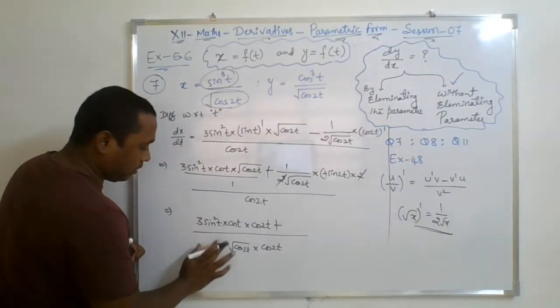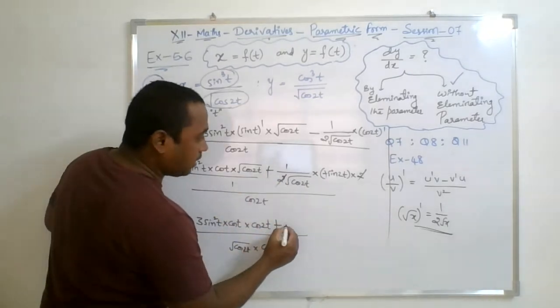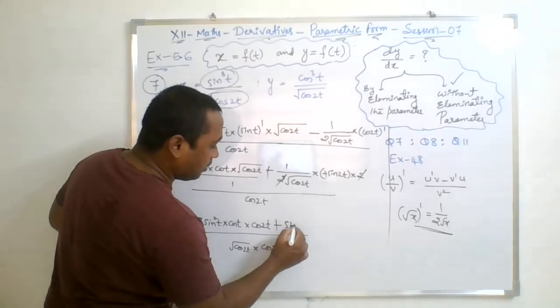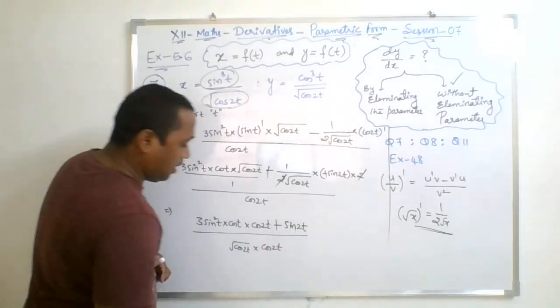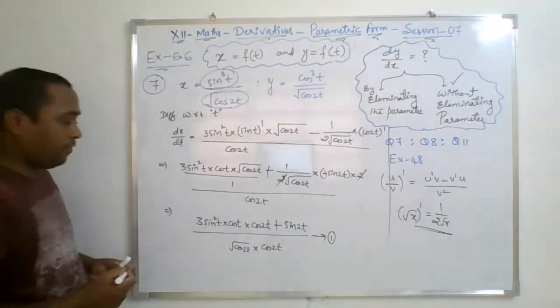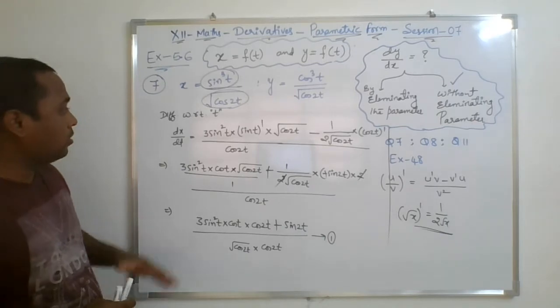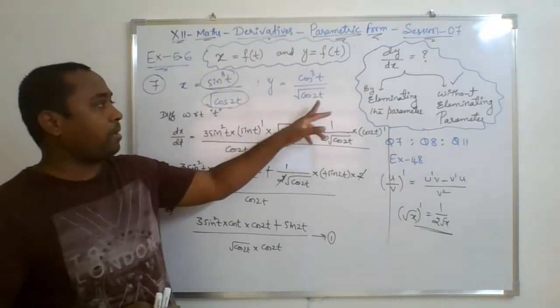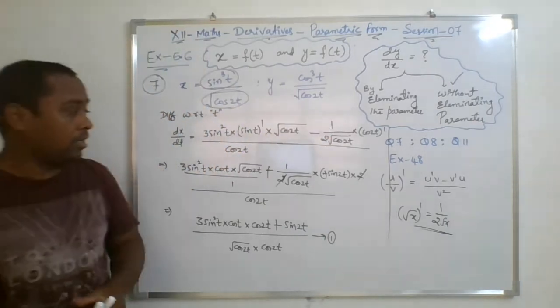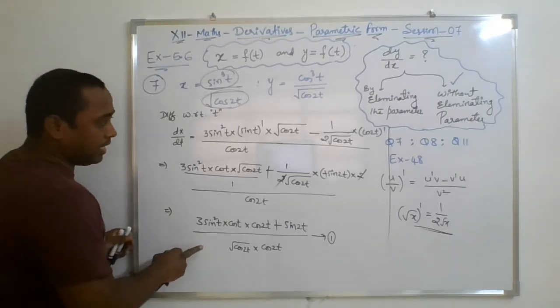It would be 3 only, and then we are left with sin 2t. So this is my result number 1. You have to remember this answer, as I will use it later on. The rest we will solve in a similar manner, dy by dt. So just remember this dx by dt answer.